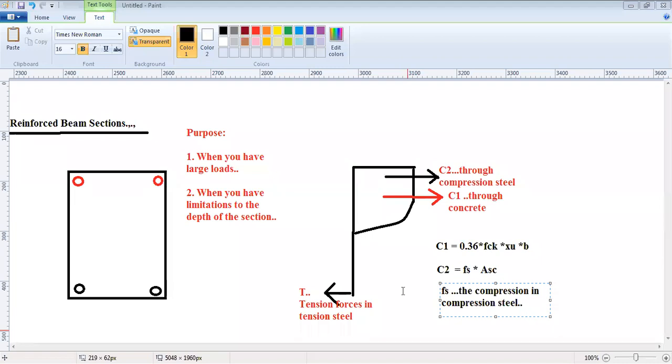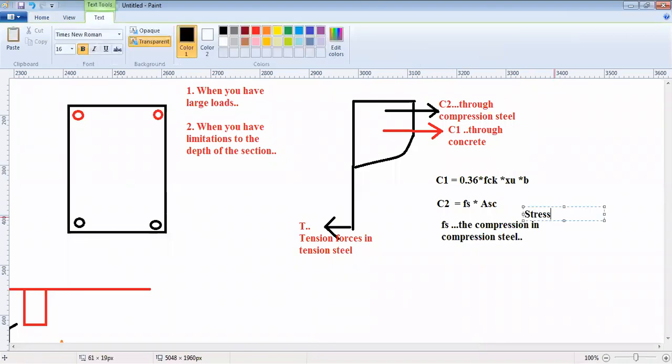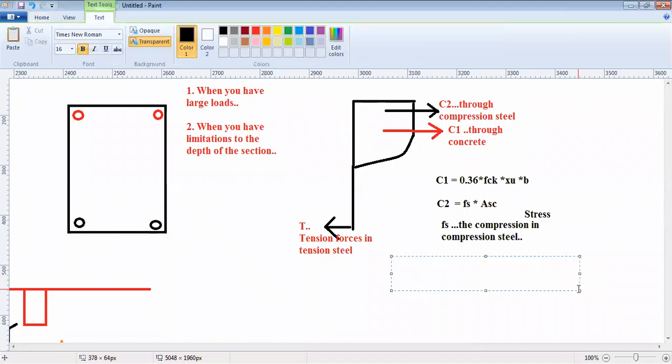Then what is T? Already we know that, T is 0.87 Fy into Ast. That was the tension stress in tension steel.